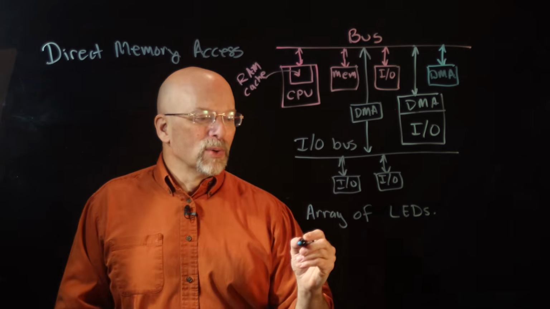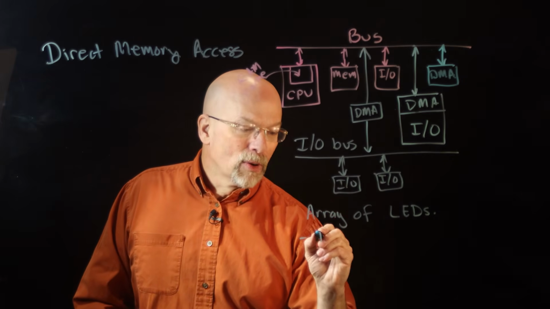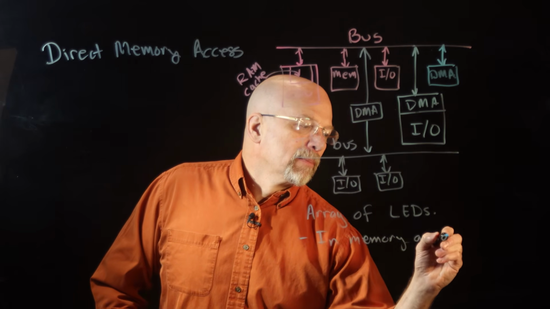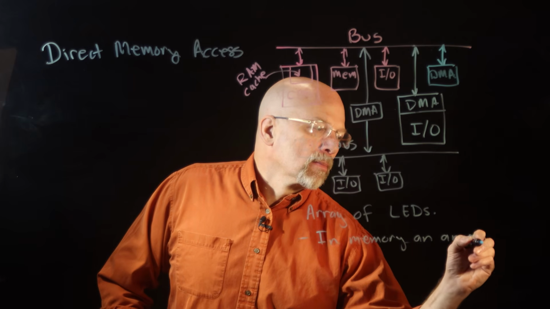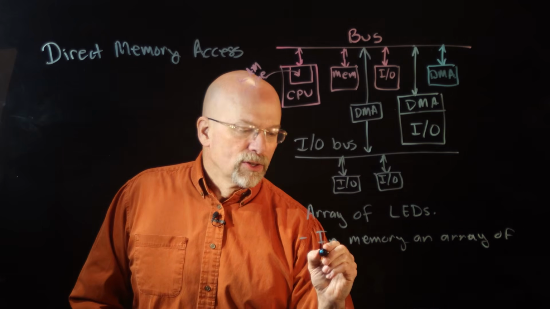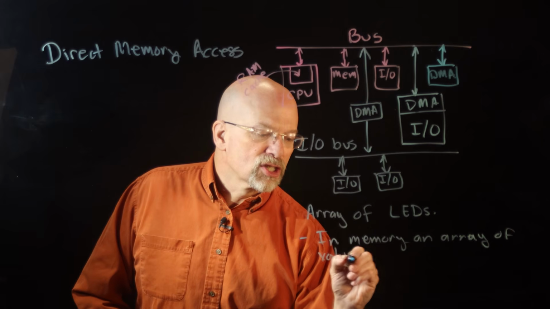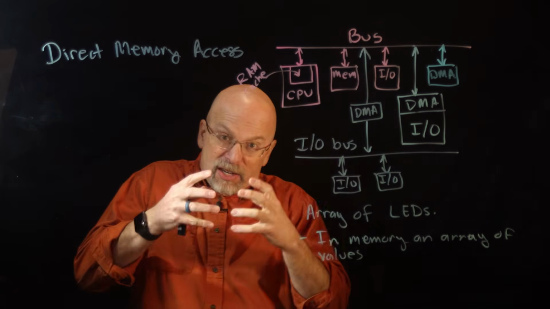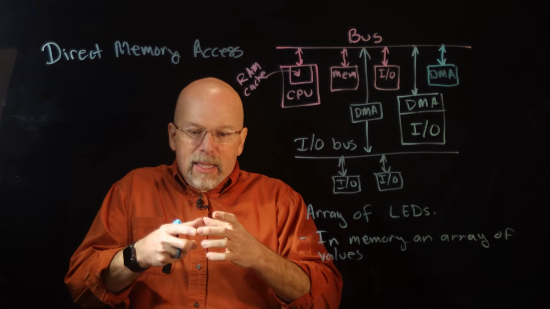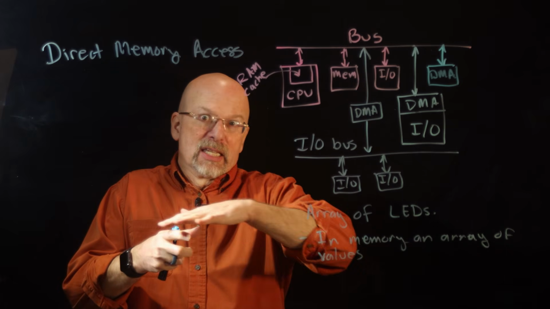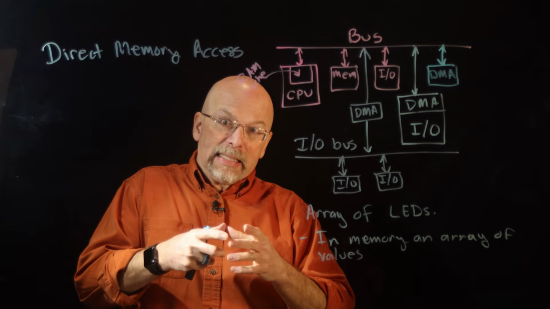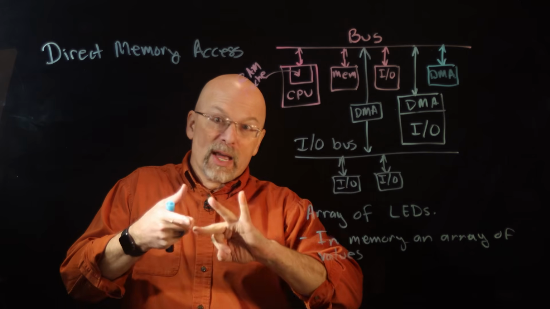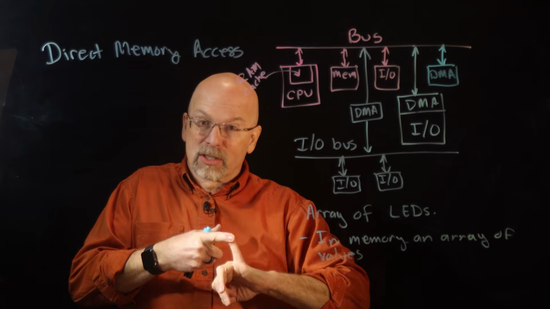Well, what I can do is create in memory an array of values, the things that are going to set our LEDs to different patterns of ones and zeros, to different colors. So maybe I've got 12 LEDs and each one of them is an RGB LED. Each LED has 3 binary inputs, one to control red, one to control green, and one to control blue.